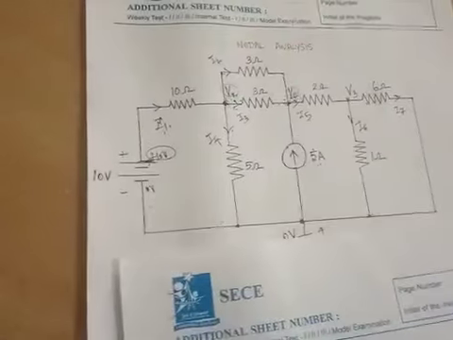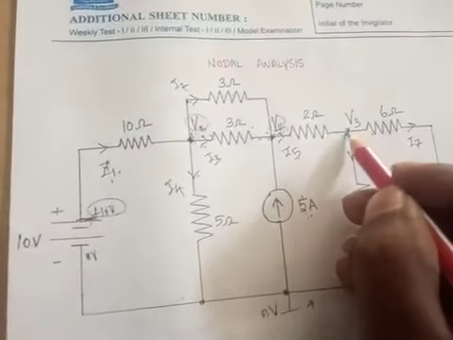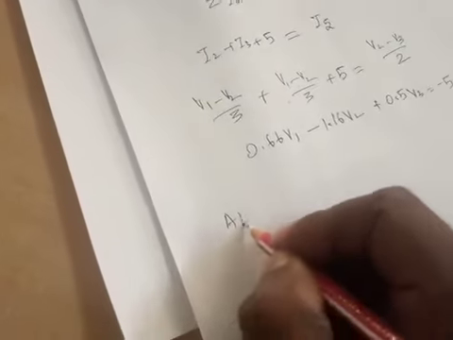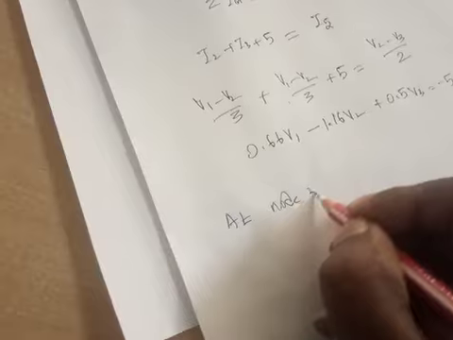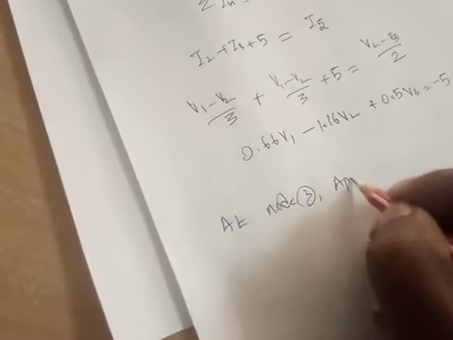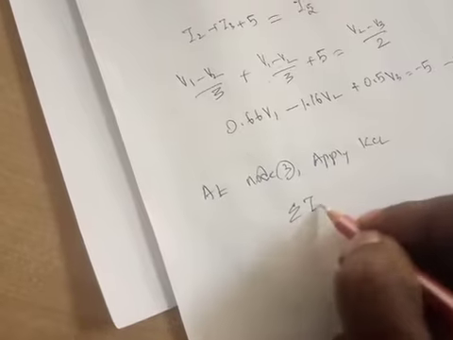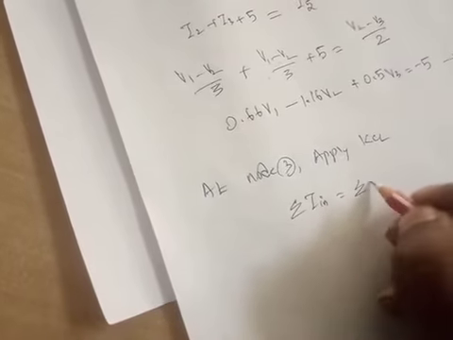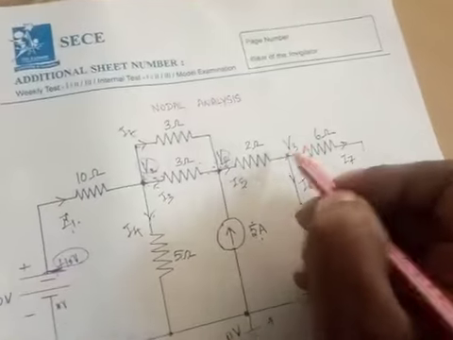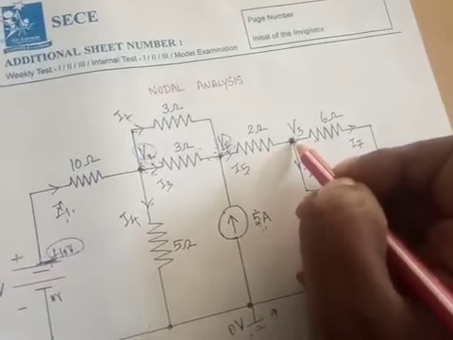Similarly, at node 3, apply KCL. So we know KCL, sum of incoming current equal to sum of outgoing current. With respect to node 3, this is our third node.